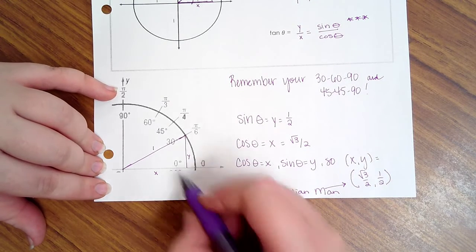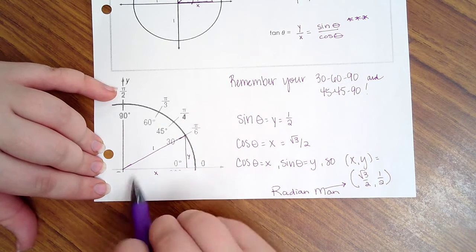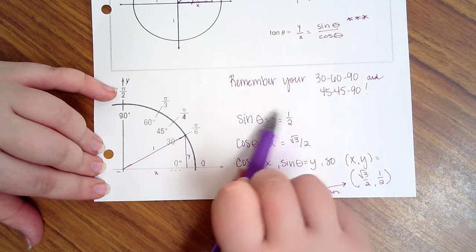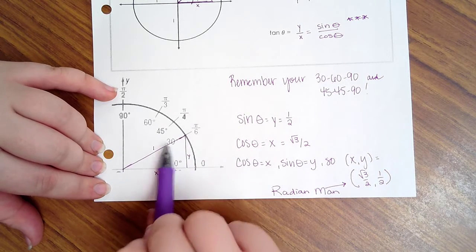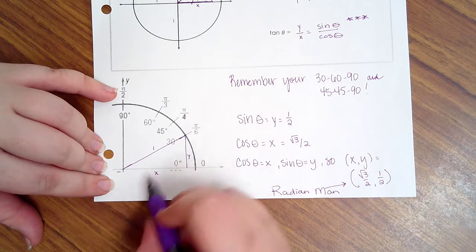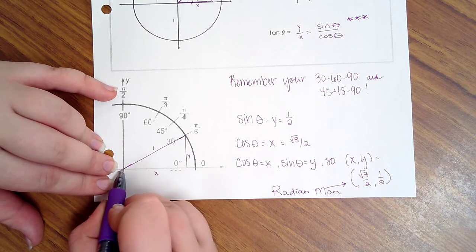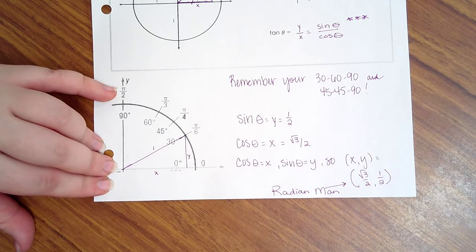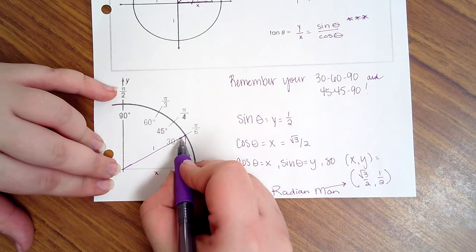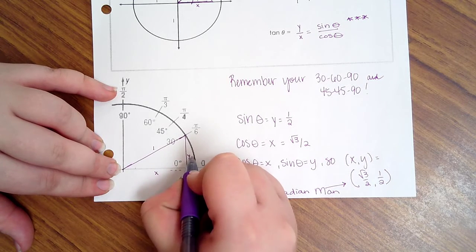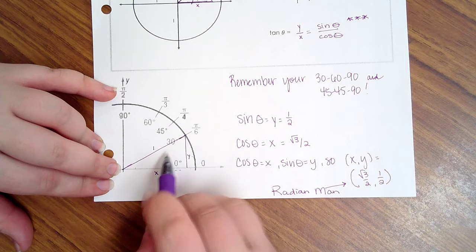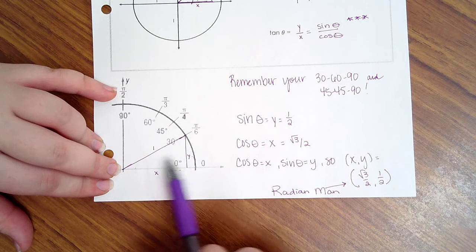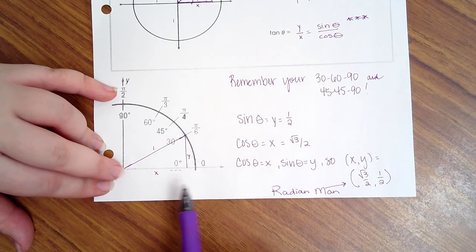So if I want to find sine and cosine of 30 degrees, or of pi over 6, I know that a 30-degree triangle goes 1, root 3, 2.